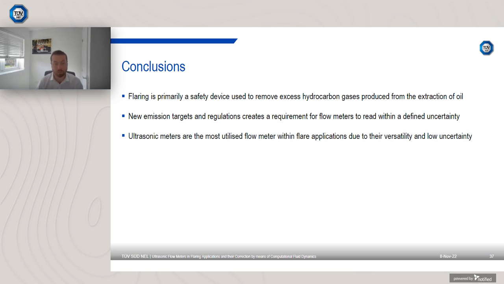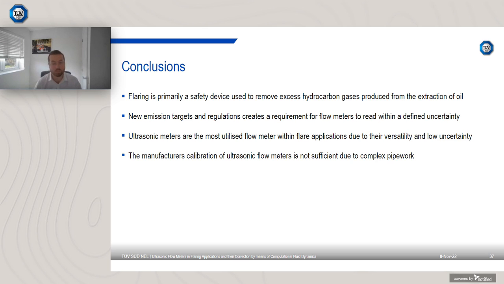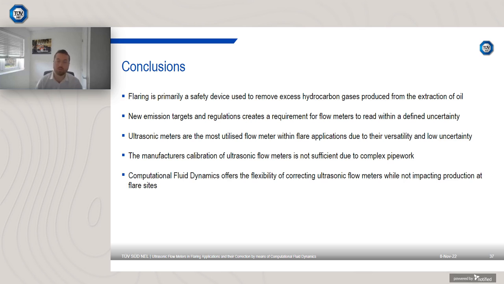Ultrasonic flow meters are the most utilised flow meter within flare applications due to their versatility and low uncertainty. The manufacturer's calibration of ultrasonic flow meters is not sufficient due to the complex pipework. And computational fluid dynamics offers the flexibility of correcting ultrasonic flow meters while also not impacting production at flare sites.